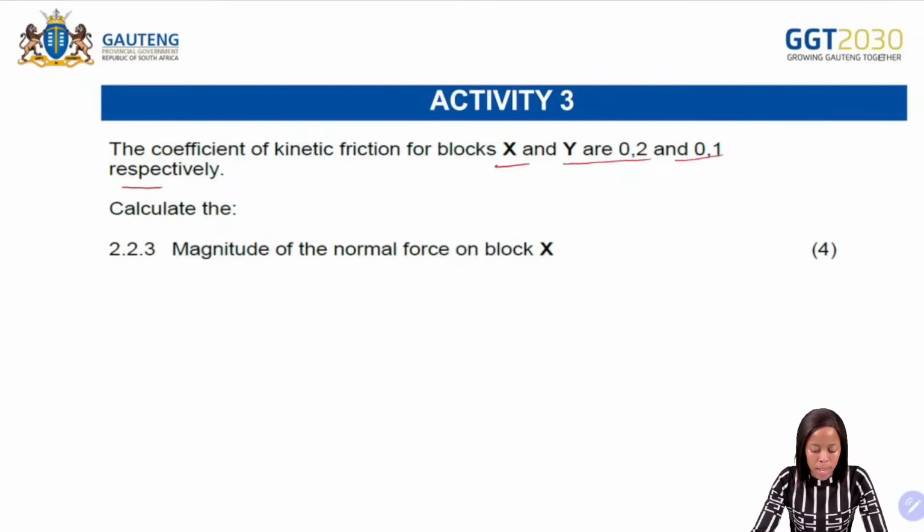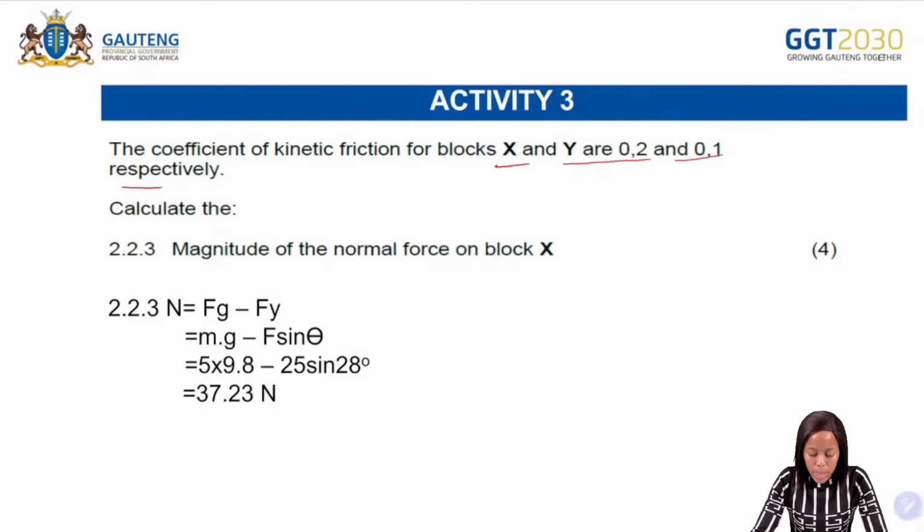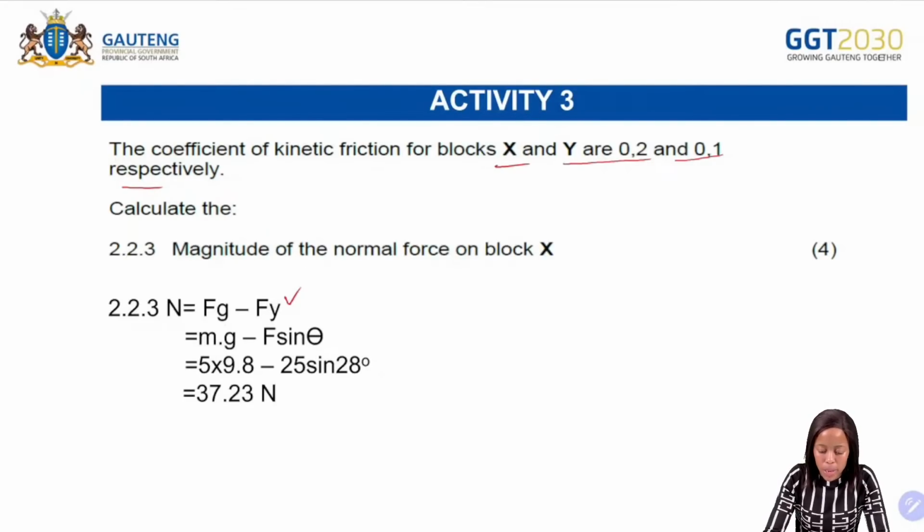Okay. Then calculate the magnitude of the normal force on block X. Okay. So how do we calculate the normal force? We are going to use the formula what? Fg minus Fy. So remember, for block X, it was a pulling force.